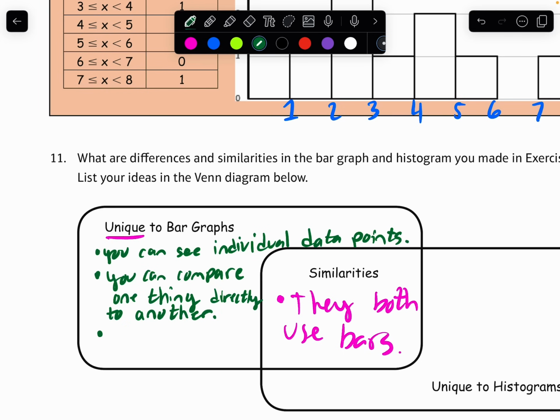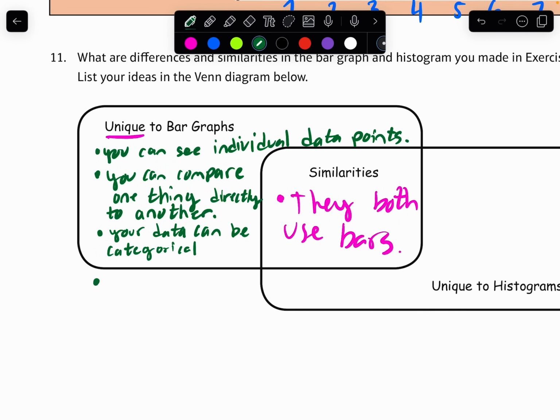Therefore, your data can be categorized. I think I spelled that right. I hope so. And then lastly, the very important characteristic between a bar graph and a histogram is that there is space between the bars.